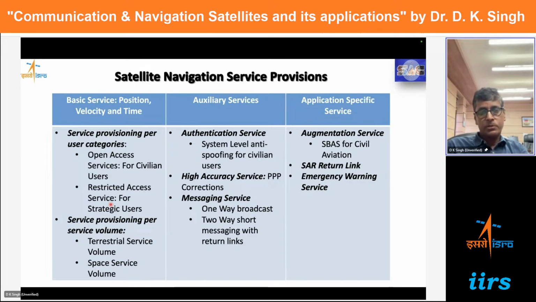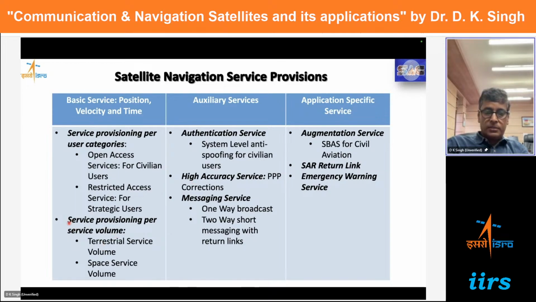So we have two types of signal, one which can be accessed by any user from any country of any category. The other is restricted services, which can only be used by those who are authorized. It is an encrypted service. Everybody cannot use it. It has a very different signal structure, very different encryption and coding scheme.